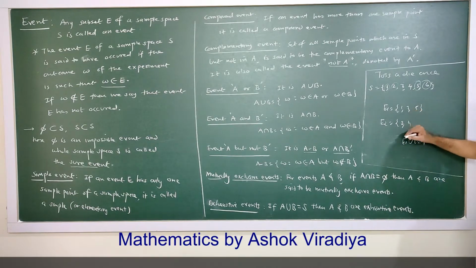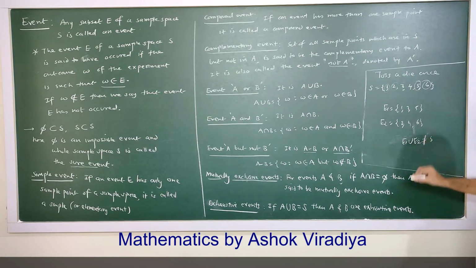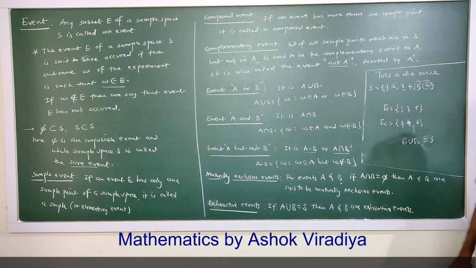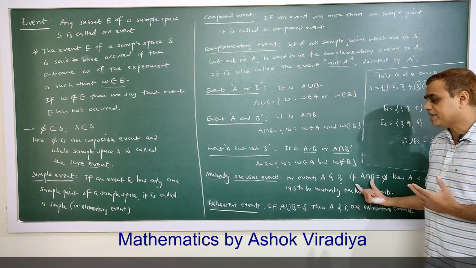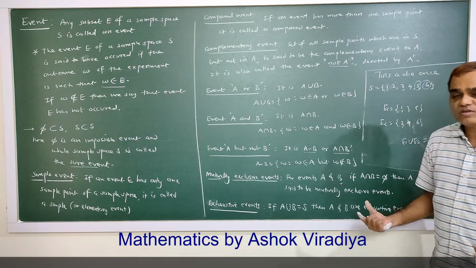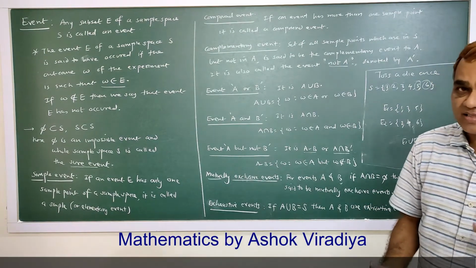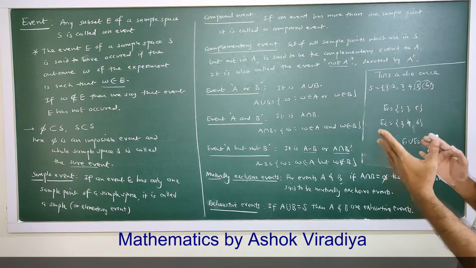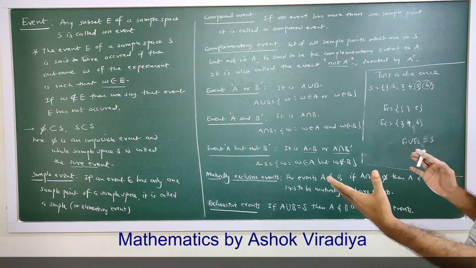But if I include the element 6, then the union of these two is S. So in this case, these are exhaustive events. So mutually exclusive means the intersection is empty. Exhaustive means their union is S. So this terminology is like the terminology of set theory, nothing new.